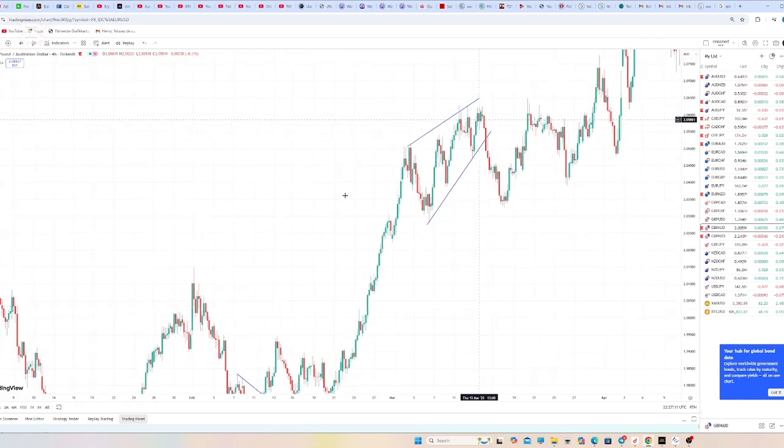Here again we have an impulse followed by a correction. Normally, if we were to continue going all the way up, we are expecting an impulse followed by a correction, and after the correction we're expecting a continuation. But what did we get here? We got an impulse. The correction was more to the upside, so this is more of a rising wedge, which is a reversal correction.